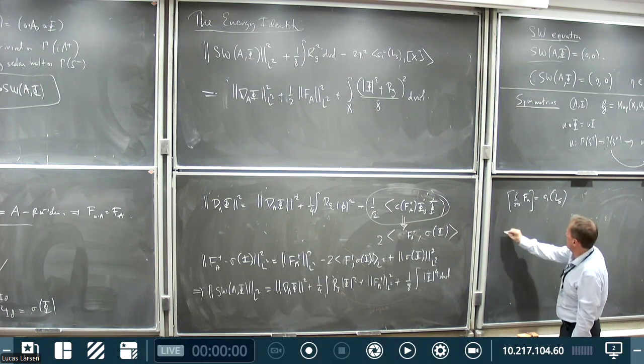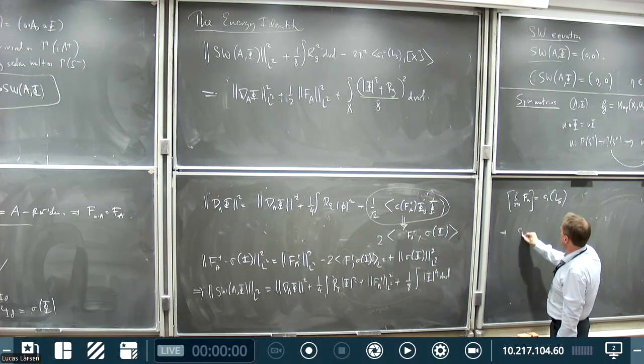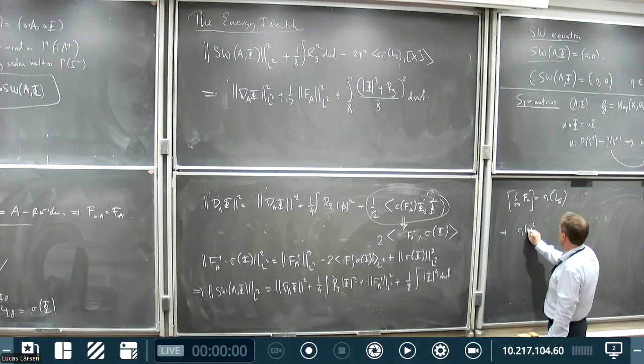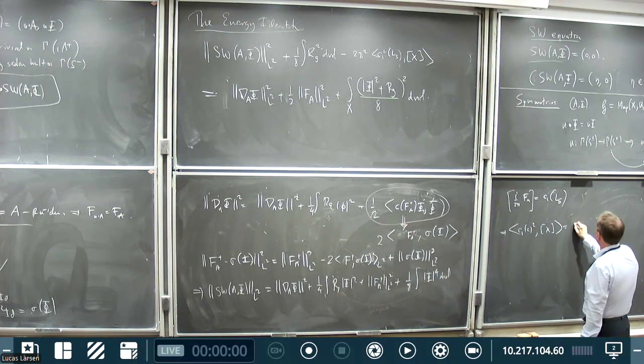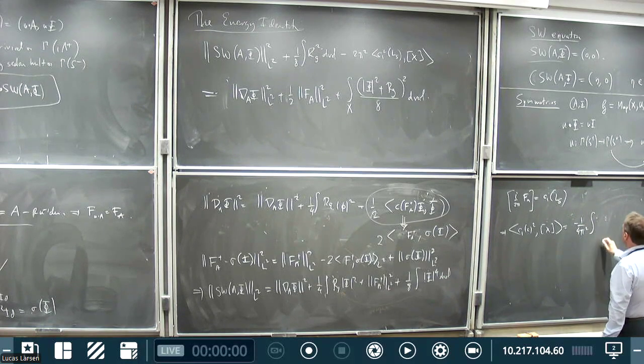That's what we know. So that tells us that c1 squared of S evaluated on X is equal to minus 1 over 4 pi squared the integral of F_A wedge F_A.